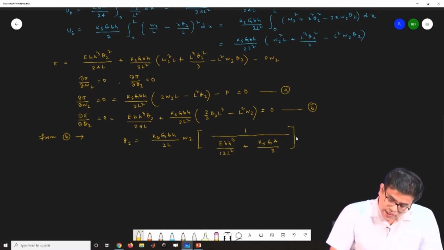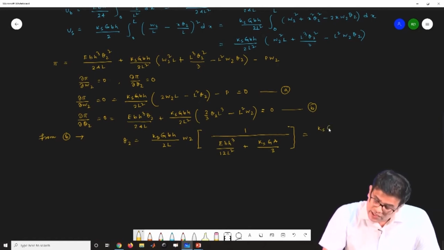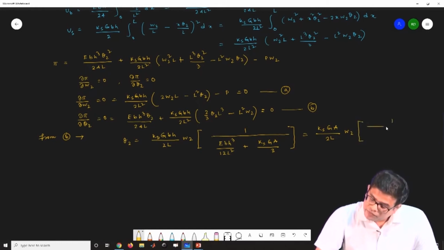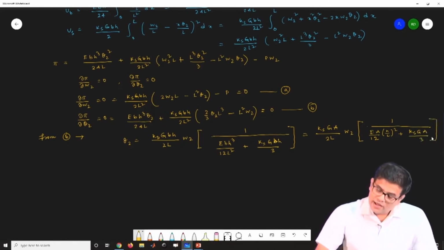Here essentially, if I substitute BH equals A, then I can write this again as KsGA by 2L into W2 by 1 by EAH by L whole square, EA by 12, H by A whole square, plus, here it is BH, so KsGA by 3. So this is the theta 2.